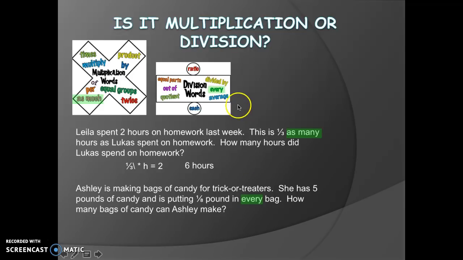Every bag is a division word. So we've got 5 pounds. We're dividing the 5 pounds into 1/8 of a pound piles. So how many piles? Well, we're going to keep, we're going to change, and we're going to flip. And when we multiply, we'll see that she can make 40 bags.